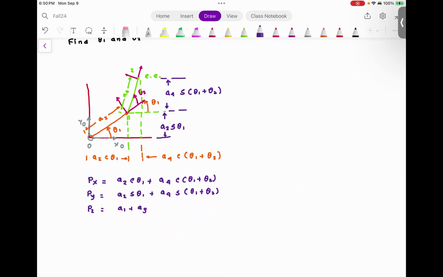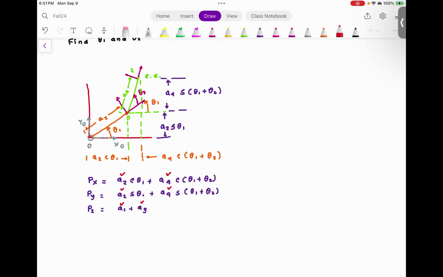Here, A1, A2, A3, and A4 are known. These are the physical lengths of the robot, which means when I try to solve the forward kinematics problem, I substitute the values of theta 1 and theta 2, and then I get the values of Px, Py, and Pz.